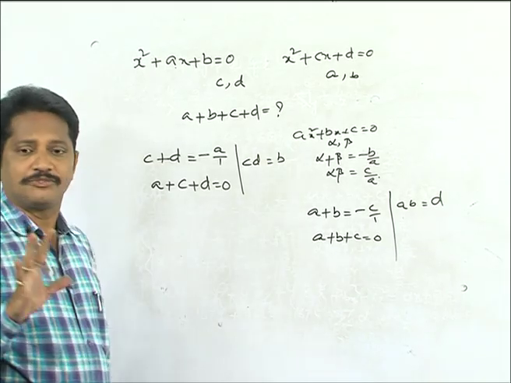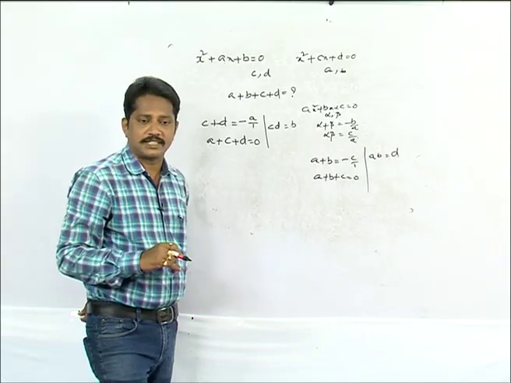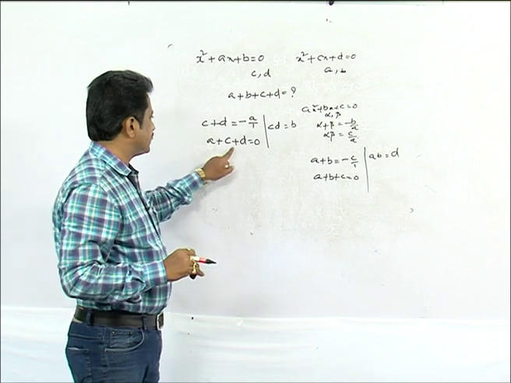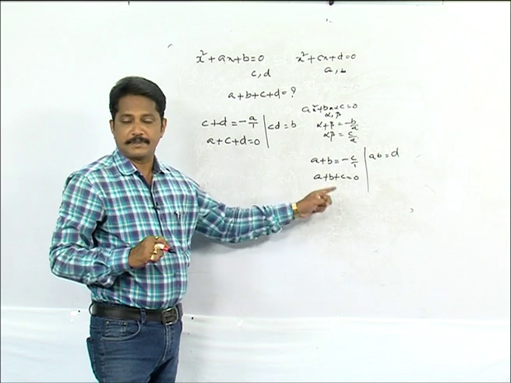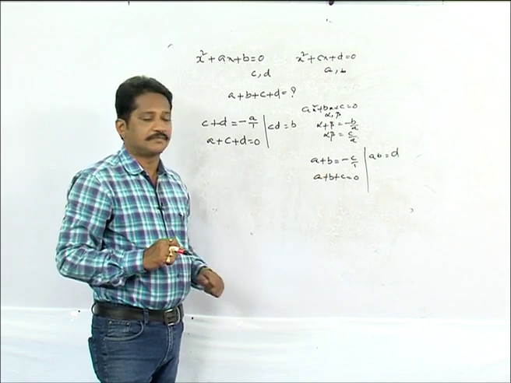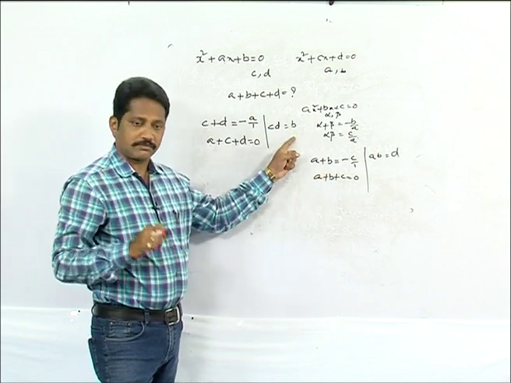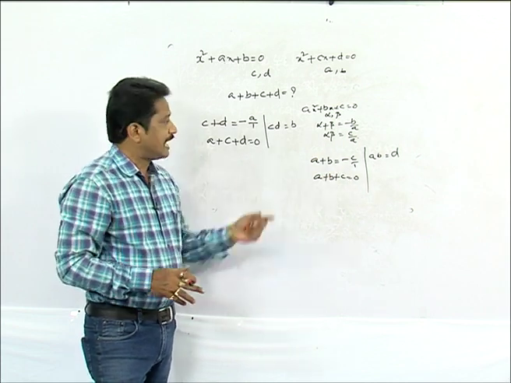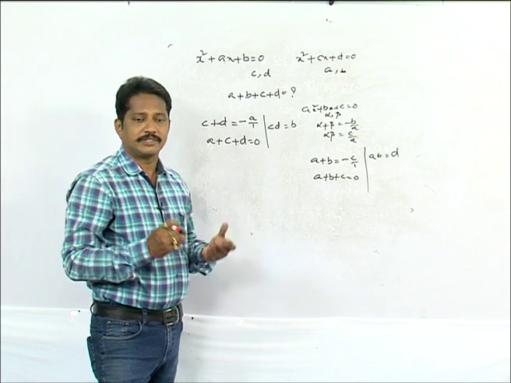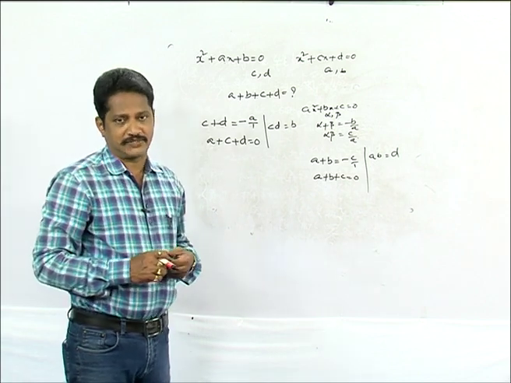Here we got 4 relations. What are the 4 relations here? A plus c plus d equal to 0 is one relation, a plus b plus c equal to 0 another relation, c d equal to b third relation, a b equal to d is the fourth relation. I am going to use these four relations to get the numerical value of a, b, c, d.